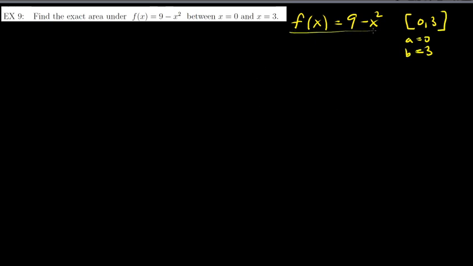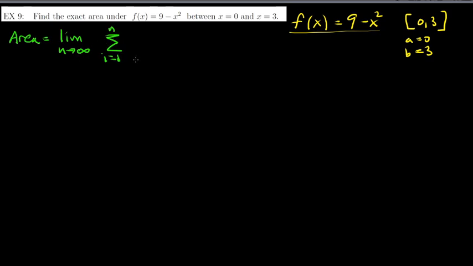We're going to use the definition that I just erased, but I will remind you that the area is going to be the limit as n goes to infinity of the sum i goes from 1 to n. It's not just 3 rectangles anymore. It could be 6 rectangles, could be 100, could be 1,000.